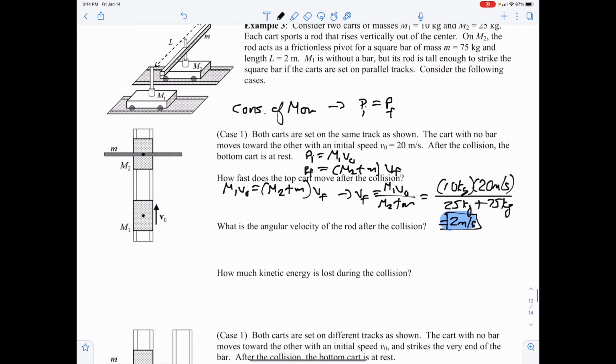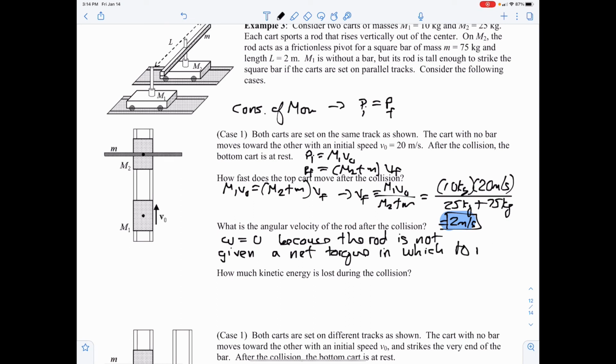What is the angular velocity of the rod? Well, the angular velocity is 0 because the rod is not given a net torque in which to rotate. Therefore, it will not rotate.